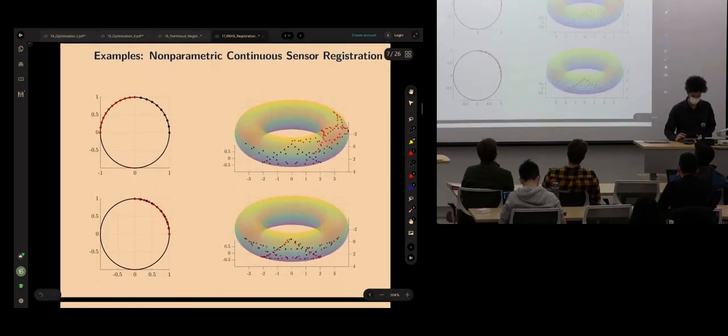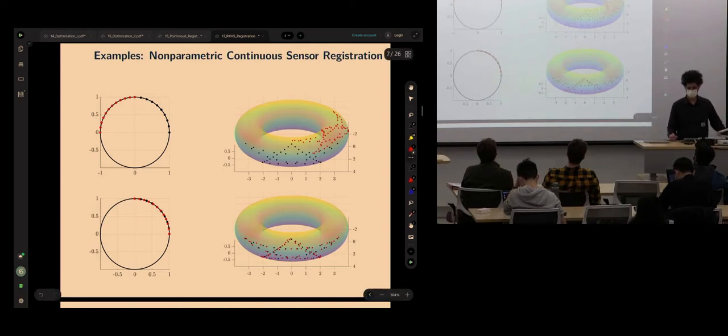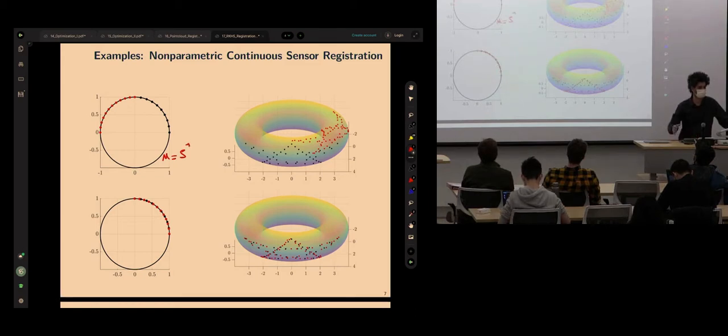Another example. On the left side, I have two circles. So the previous example, the manifold was R3, and the Lie group we were using for registration was SE3. In this example, the manifold is a circle. What is the Lie group that is aligning this red set and black set on the circle?